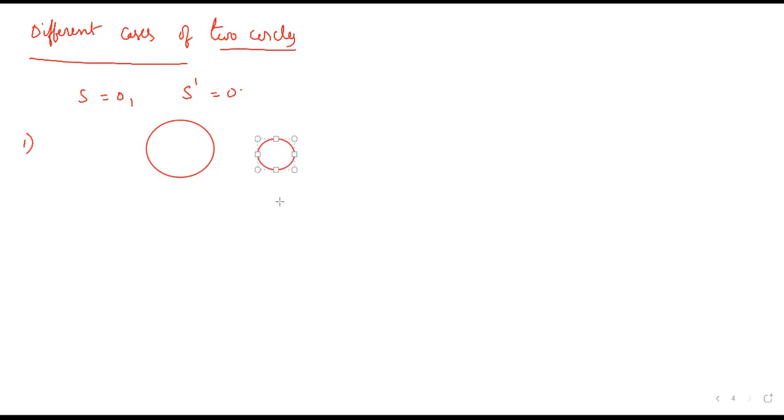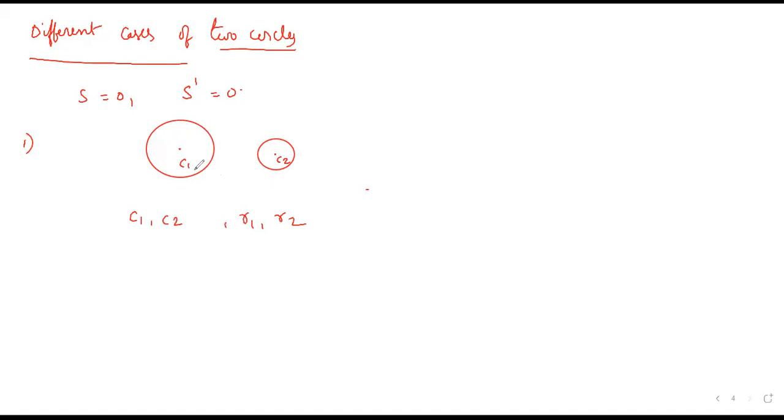Then what is the condition? Suppose the first center is C1 and the second circle center is C2, with radii R1, R2. Then how do you find the position of the two circles?